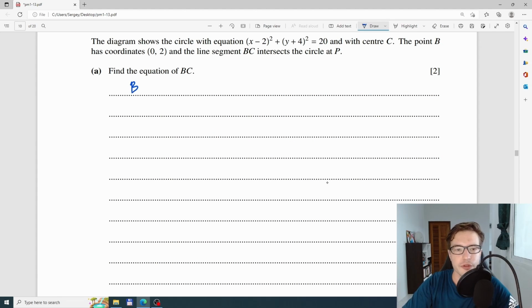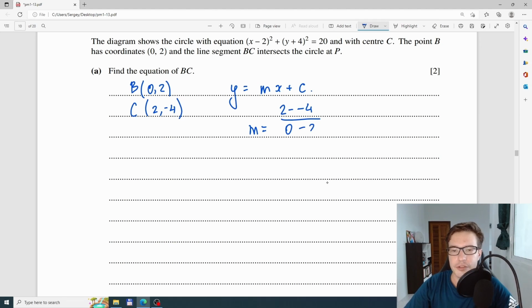Let me just copy those points. B is (0, 2). C is (2, minus 4). And the equation of the line looks like y equals mx plus c, where m is the gradient. Let's find the gradient first. It's going to be difference in y over difference in x, which in that case would be (2 minus minus 4) over (0 minus 2).